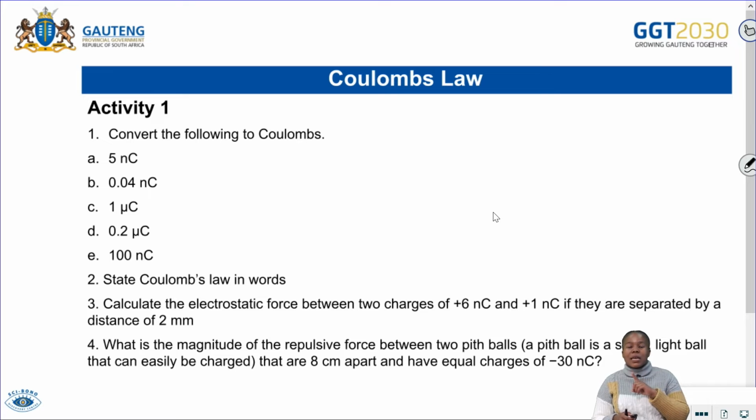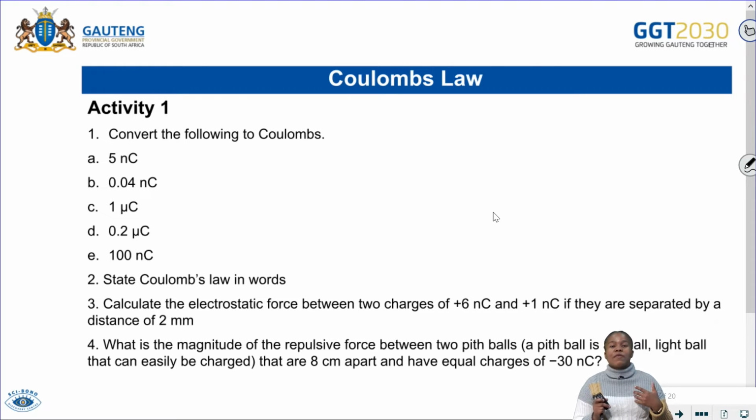All right. In trying to make you practice Coulomb's law even further, this is what I have drawn up for you. Number one, activity one, is what I want you to attempt on your own. It says, convert the following into coulombs. You have A up until E. They're given in different SI units, other than what? Coulombs.